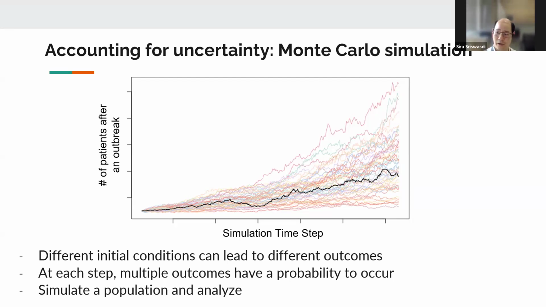So in this case, we can do it in two ways. And these are keywords that we will touch on later. You will see the term Monte Carlo simulation. So this is a simulation that accounts for uncertainty. Instead of saying that in the next phase, the cell will divide, we will say that in the next phase, the cell will divide with a probability of 0.8.